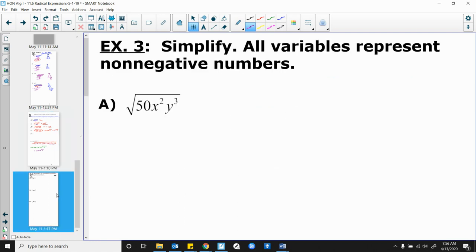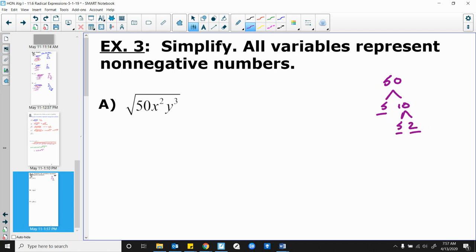Simplify. All variables represent non-negative numbers. The first thing I want you to do is only focus on the number. So 50. I come over here to 50 and say 50 is going to be 5 and 10. That's prime, and then 5 and 2.